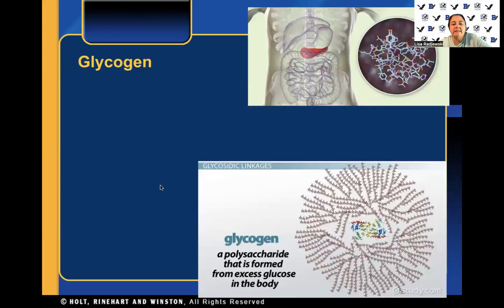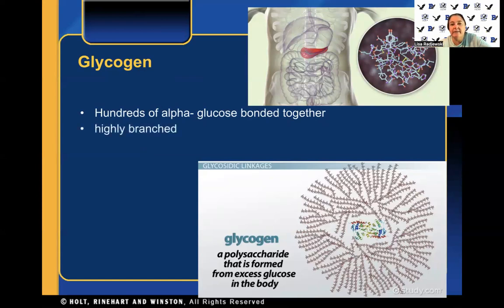Okay, our next polysaccharide is called glycogen. I don't know if you've ever heard of that, but here's a picture of it, and you can see it's super, super branched. So it is also alpha glucose bonded together. It's similar to starch, except it is way more branched than amylopectin. Amylose isn't branched at all. And this is animals' version of storage. We do this in our liver.